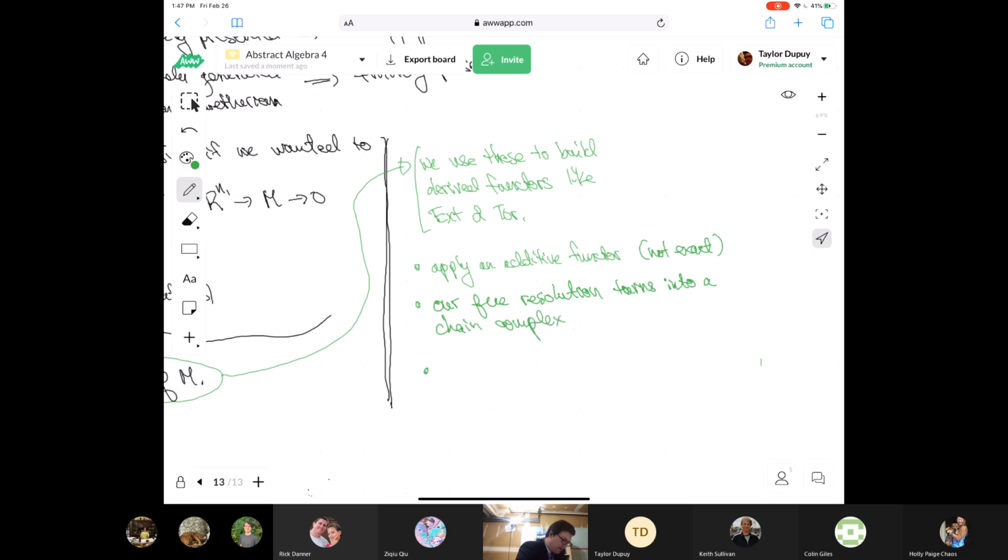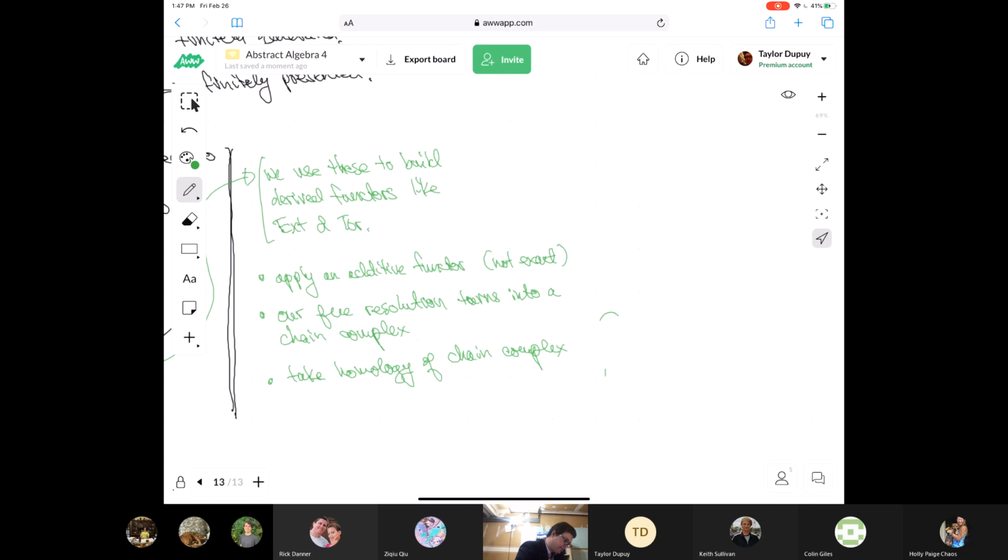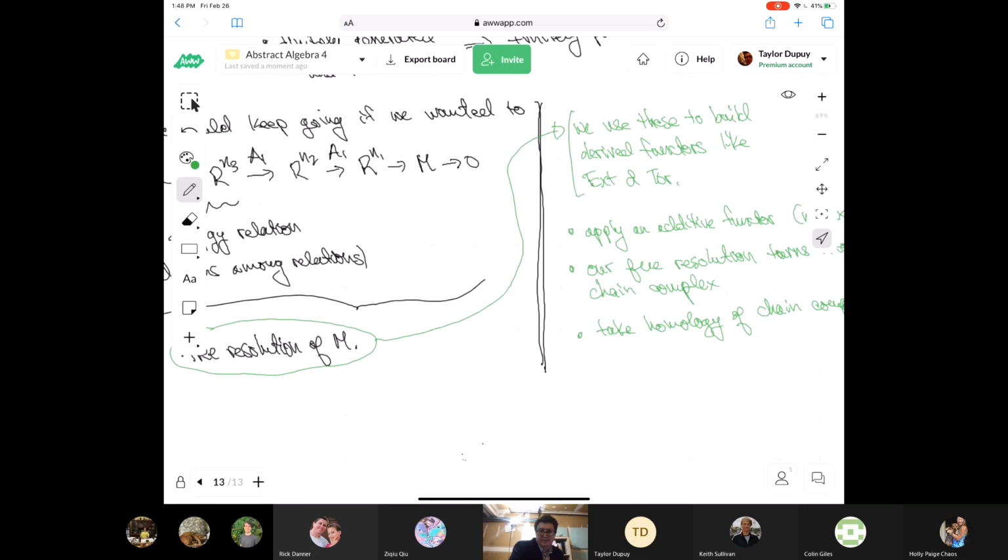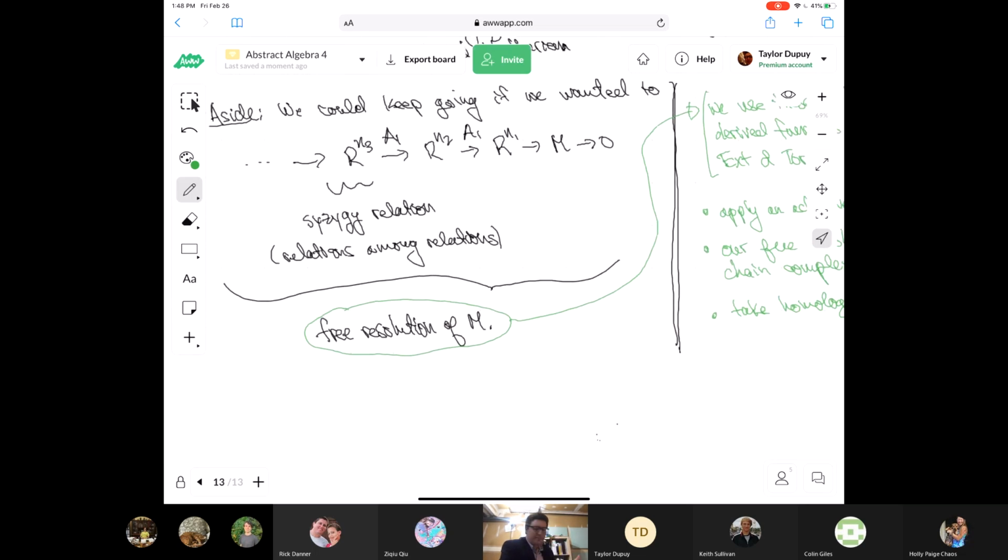And then you take the homology of the chain complex. And that gives you these, the derived functors. And it turns out, magically, that this whole procedure is independent of the resolution that you pick, right?